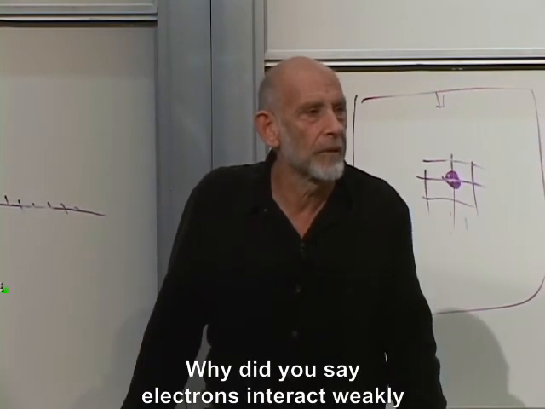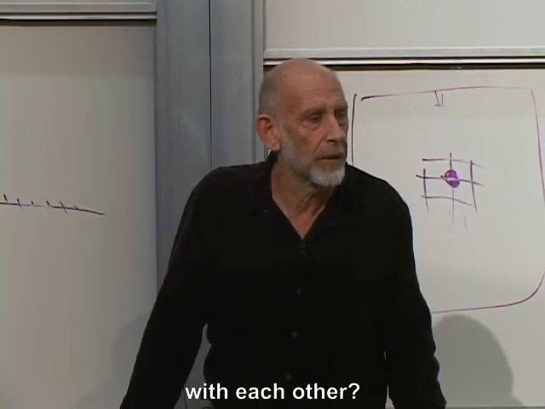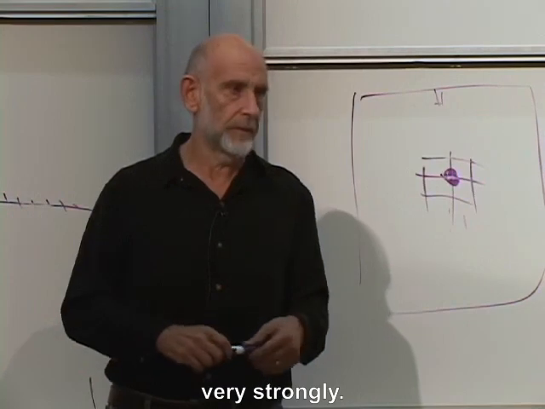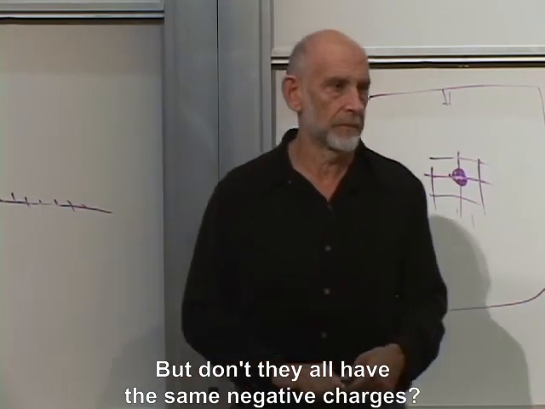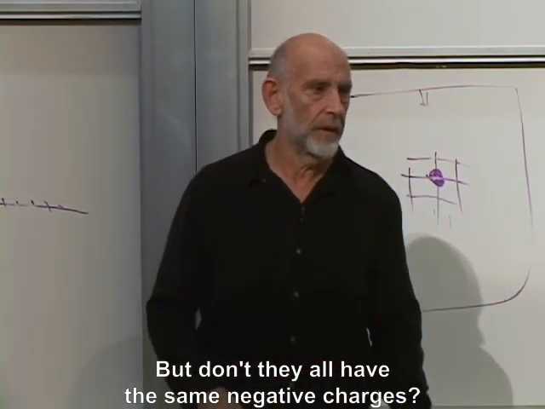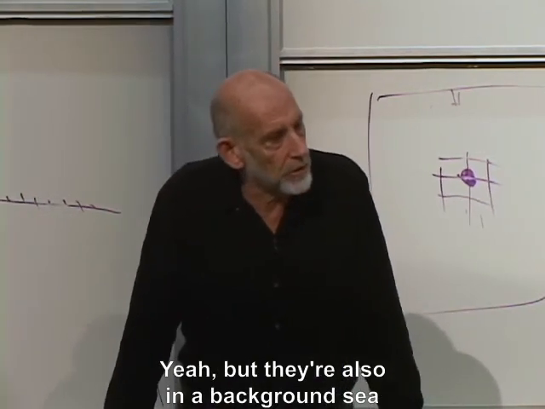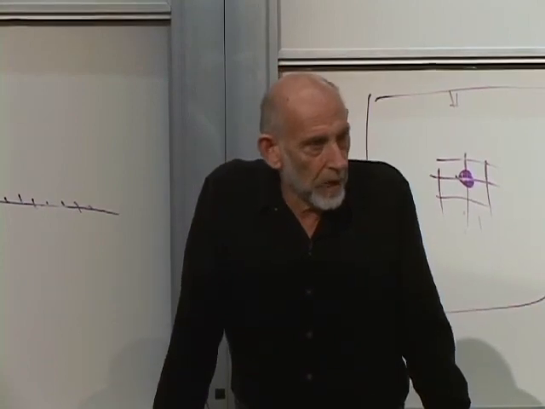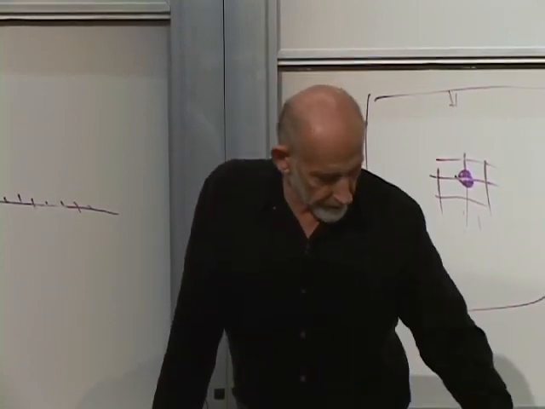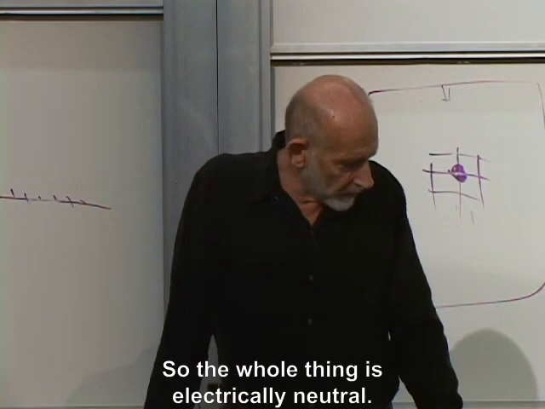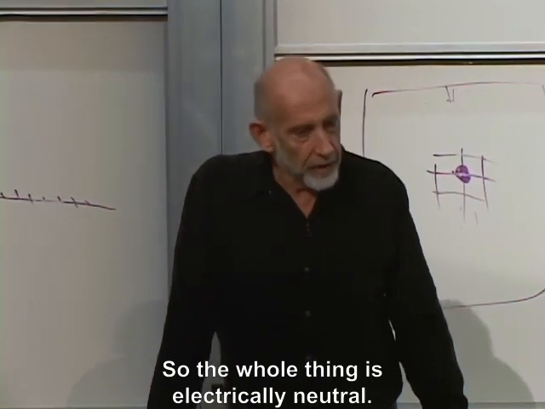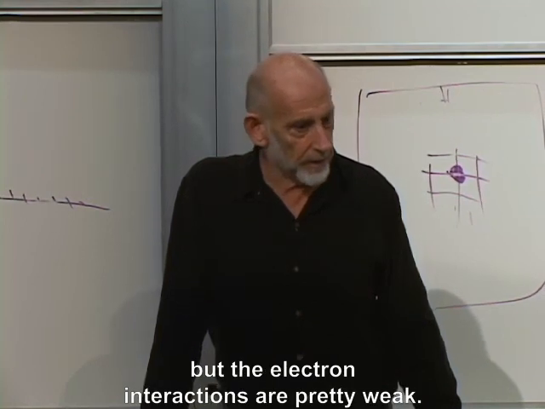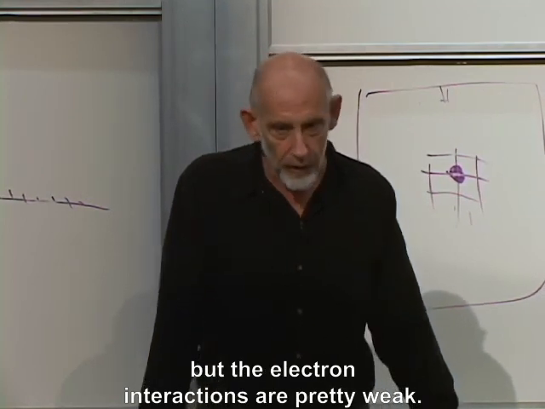Why did you say electrons interact weakly with each other? You said the electrons do not interact with each other very strongly, but don't they all have the same negative charges? Yeah, but they're also in a background sea of positive charges, so the whole thing is electrically neutral. The electrons are interacting with each other, but the electron interactions are pretty weak.